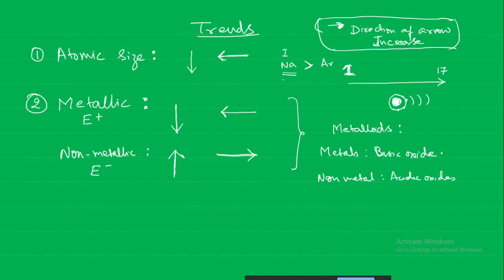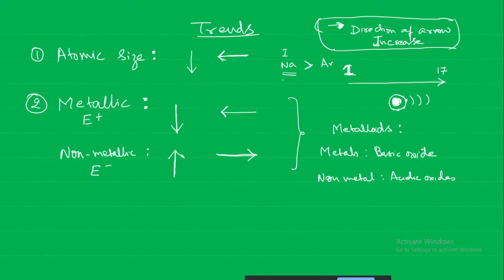For example, sodium is a metal. If sodium is reacting with water, it will form sodium hydroxide. Sodium hydroxide is a base. So how can we know that any particular oxide is acidic or basic?